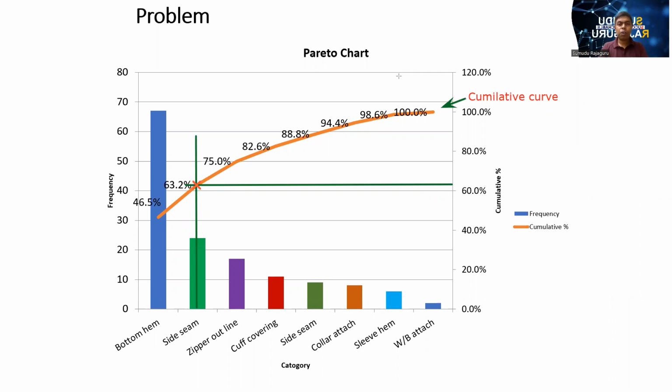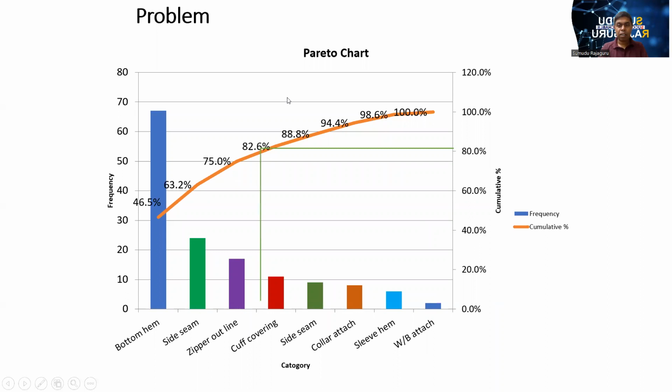So now we have to understand how we can take decisions. For example, you can see in here, if we want to solve the problem 80%, we have to project that 80% onto the cumulative curve. Whatever the intersect point, we have to project onto the x-axis. That means if we want to solve 80%, we have to solve the critical issues: bottom hem, side seam, and zipper outline.